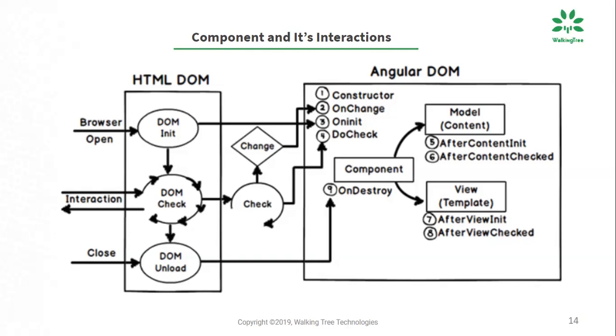It is a change for the DOM. Okay, so it will trigger and it will go through all the do checks of the subcomponents. So while using do check, we need to make sure we have a conditional check over there, so it will not impact the performance. So it is not recommended to use do check.